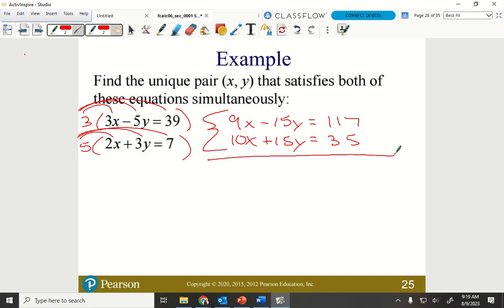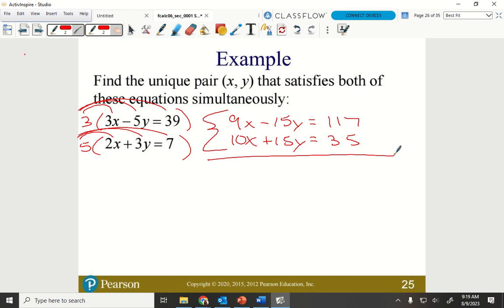The better word for that is combine, because adding or subtracting implies an operation, but combining implies that whatever sign is in front of that number goes with my operation. So if I have a negative 15 and a positive 15 and I combine those together, those will give me 0.